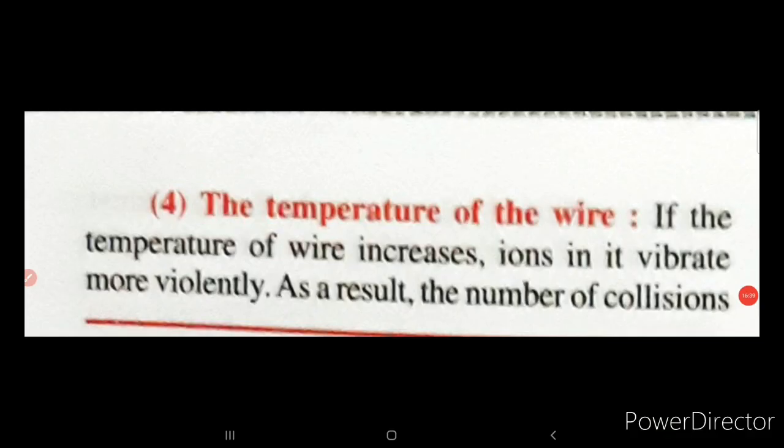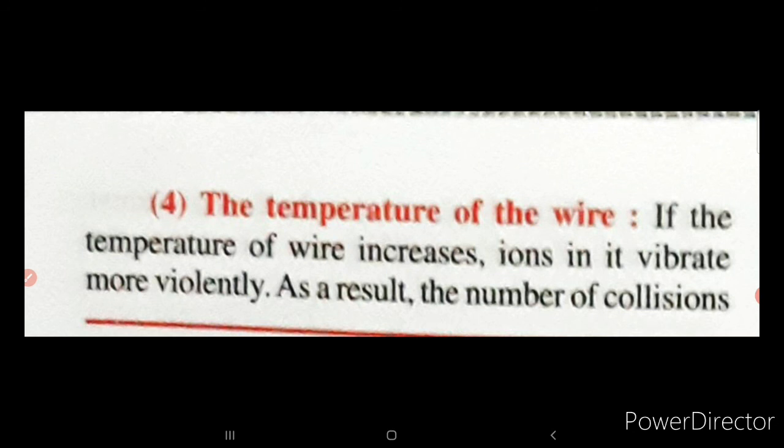The fourth and last factor which affects the resistance of the wire is the temperature of the wire. You must have noticed that when you use electrical appliances, they get heated up, so the temperature of the appliance increases. What happens to the resistance of that appliance? If the temperature of the wire increases, ions in it vibrate more violently, or the electrons start moving randomly.